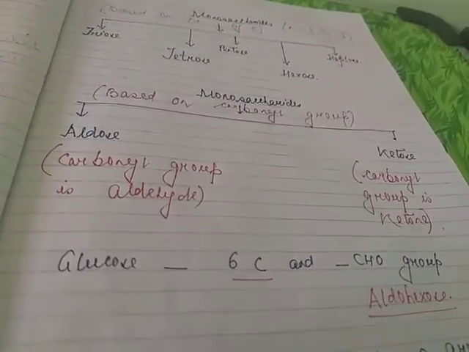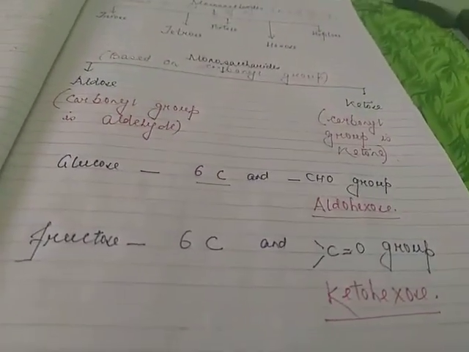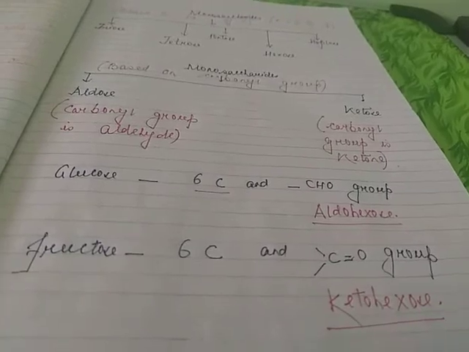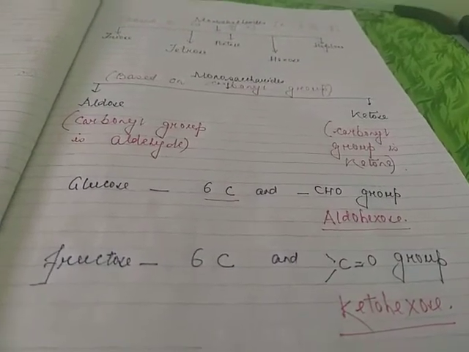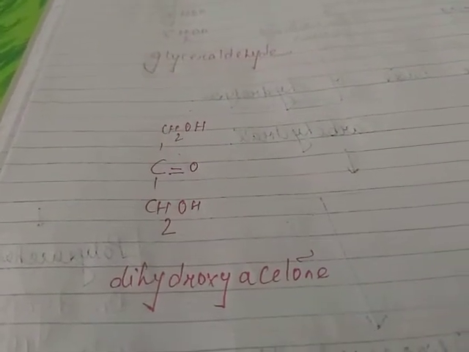So it is aldohexose. Similarly, for fructose, a ketone group is there and 6 carbons are there, so it is ketohexose. Glyceraldehyde has 3 carbons and 1 aldehyde group, so it is aldotriose. And dihydroxyacetone is ketotriose.